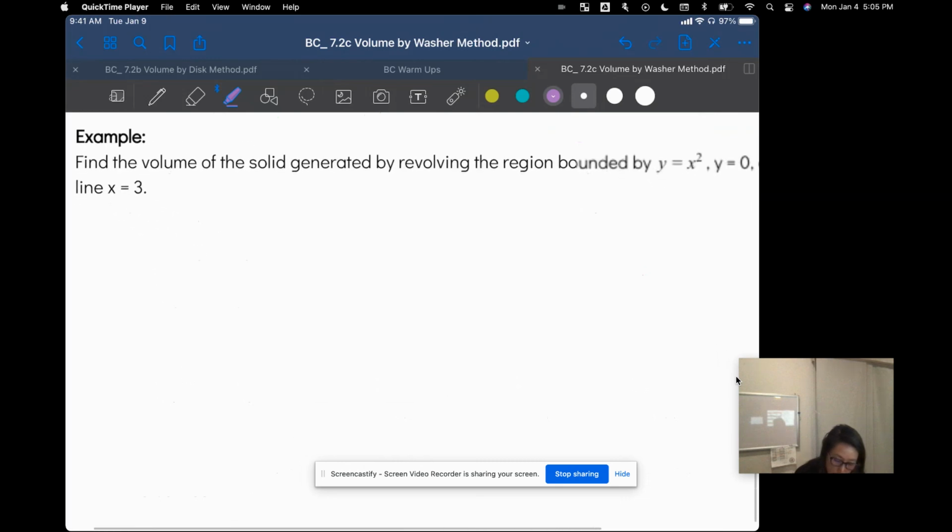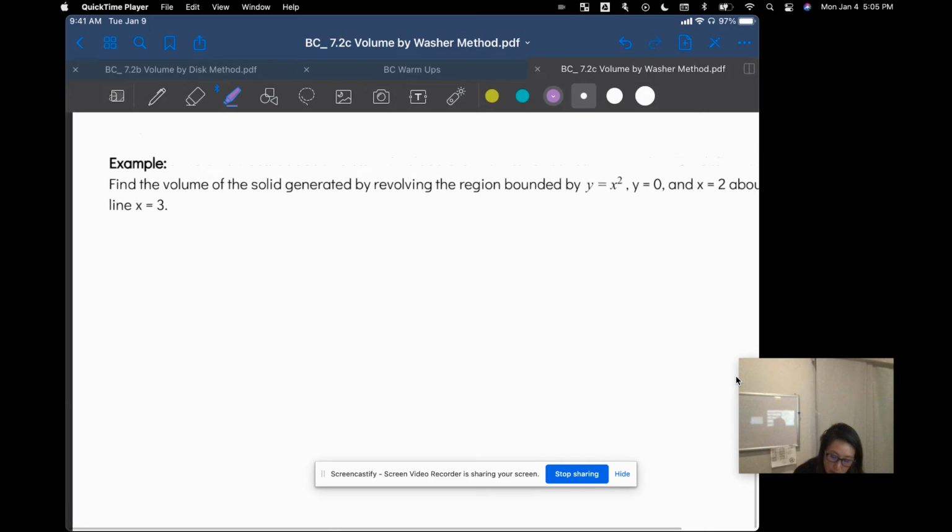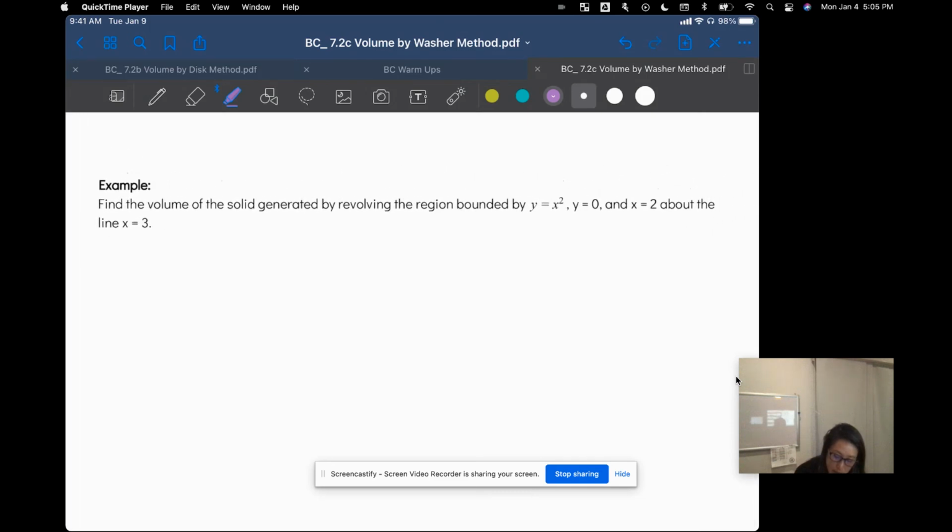The volume of the solid generated by revolving the region bounded by y is equal to x squared, y is equal to 0, x is equal to 2, and the line x is equal to 3. So I'm going to start with the line x is equal to 3, just because that seems easier.